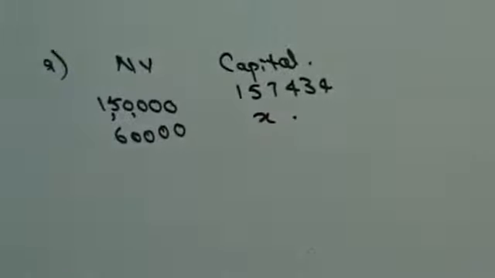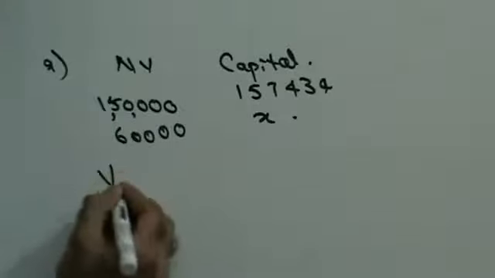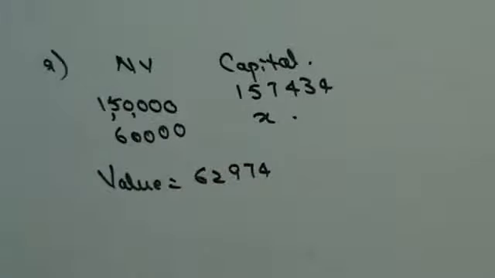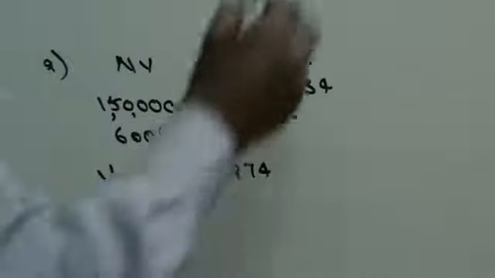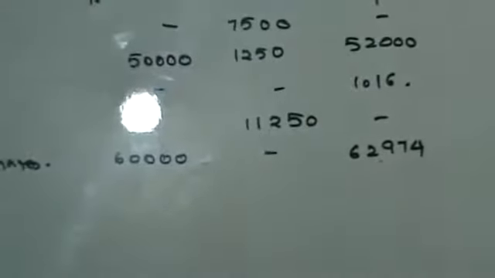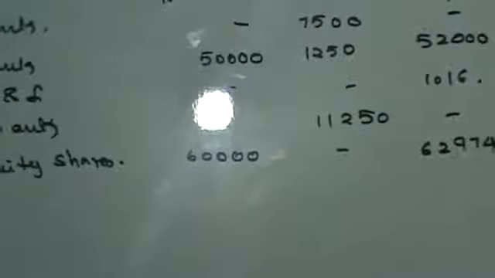So what should their value be? 62,974. So the value of it should be 62,974. Since you are not selling them, there is no actual selling price. That means this is the price at which you are converting. This is going to be 62,974. Right? Do we get this thing clear? Okay. Now let's see this.